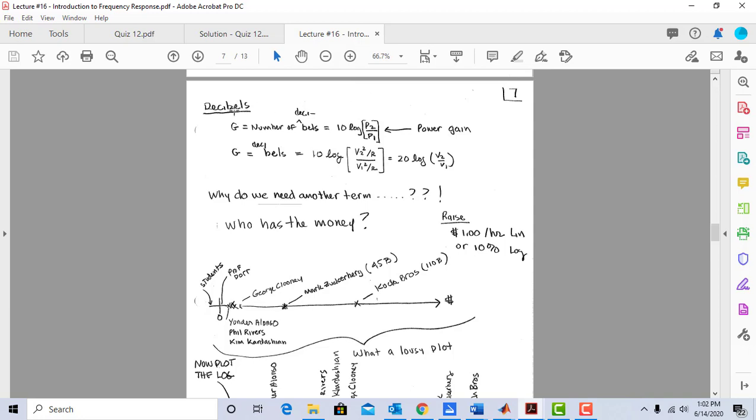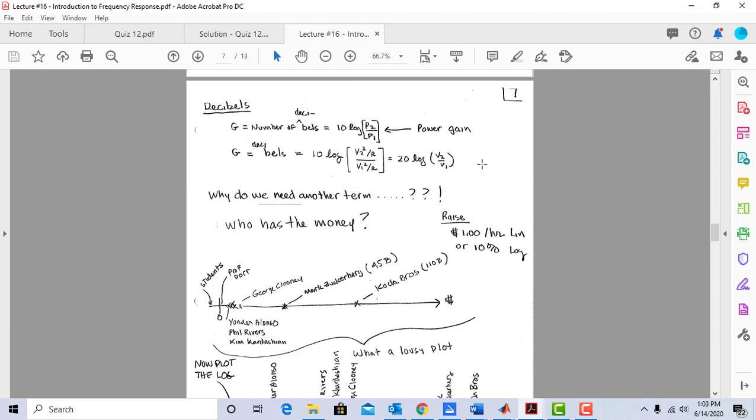But the real definition is here. It's the power. But when we talk about voltage gain, we're implicitly saying that the resistance is the same on both sides.